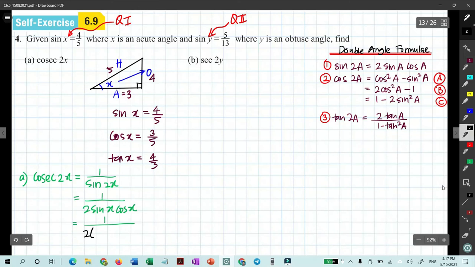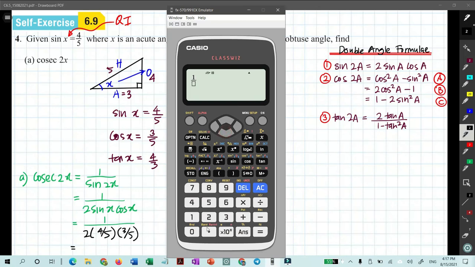Sine x is 4 over 5, cos x is 3 over 5, and if you solve this using the calculator, 1 over 2 times 4 over 5 multiplied by 3 over 5, the final answer is 25 over 24.